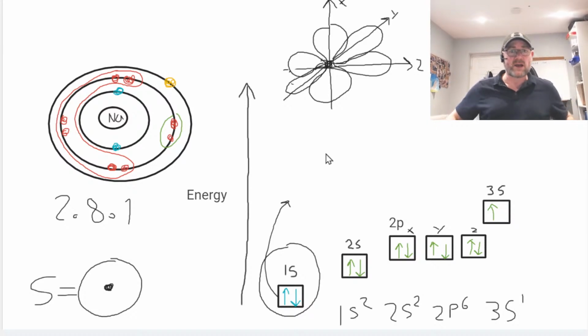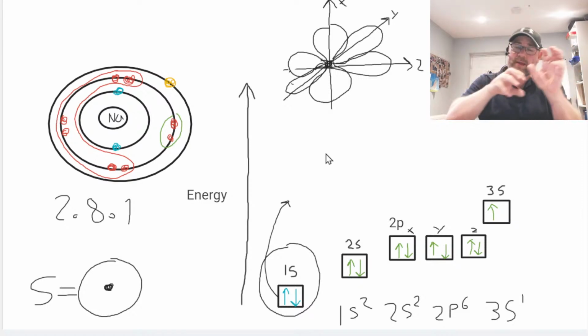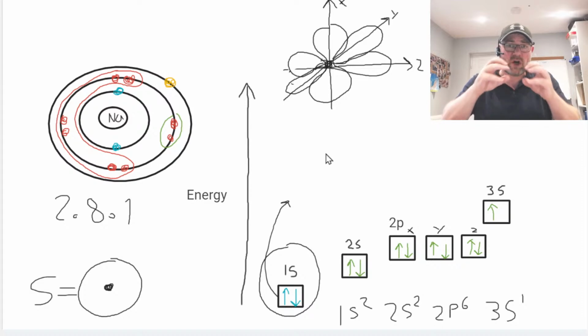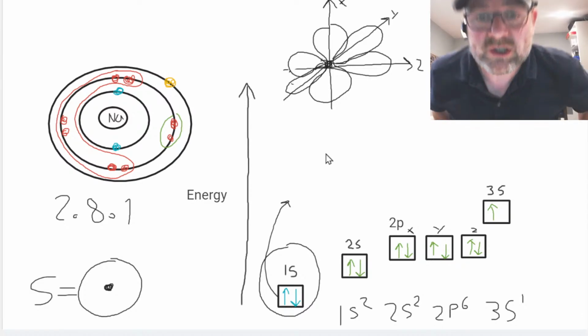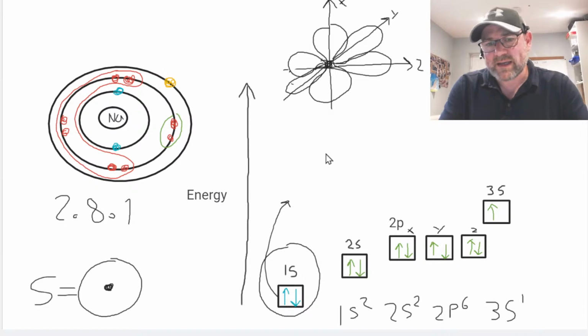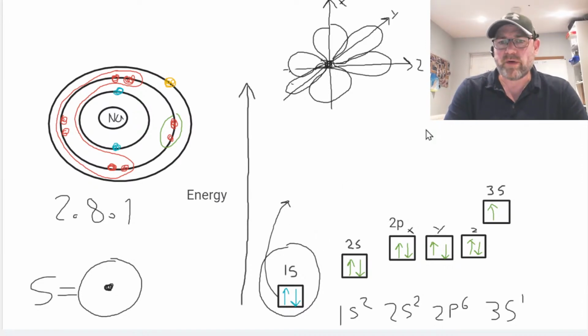So one of the electrons in the s orbital, in the sphere, is spinning that way, and the other electron is spinning the other way. And this means if they come close to each other at any time in their movement, the repelling factor, because they both have negative charges, is minimized by the fact that they're spinning in opposite directions. So that's spin pair repulsion theory. That explains why they spin in opposite directions.